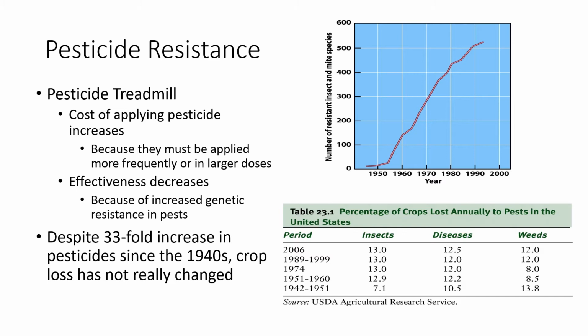Whereas in the table below, you can see that even though we have increased our pesticide use, we're still not really losing. Right? Our rate of loss is actually staying the same. So we're not doing any better by applying more.